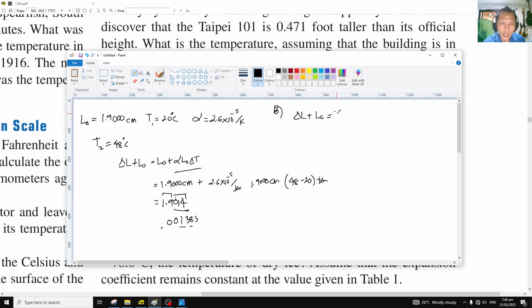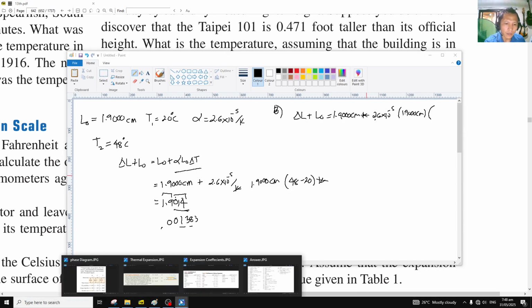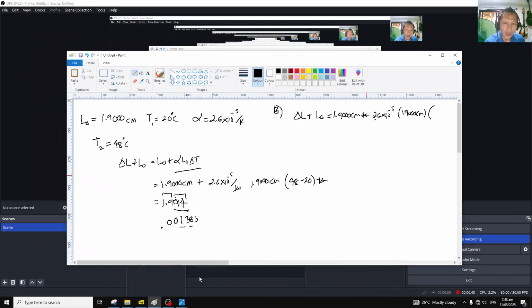That would be L0, 1.9000 centimeter, plus 2.6 times 10 to the negative 5 multiplied by 1.9000 centimeter multiplied by negative 53 degrees Celsius minus the original, 20. Kelvin or degrees Celsius, we cancel per Kelvin.